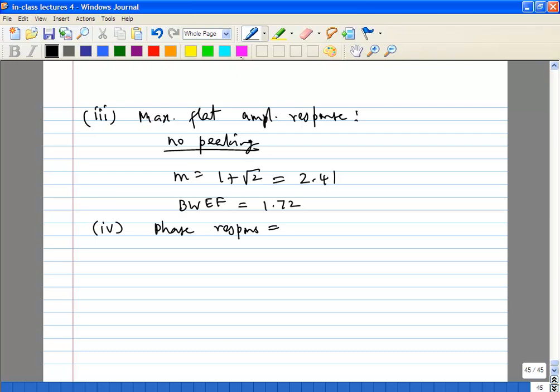So the fourth condition we are going to put is a maximally flat phase response, rather a maximally flat group delay. As linear a phase response as possible.